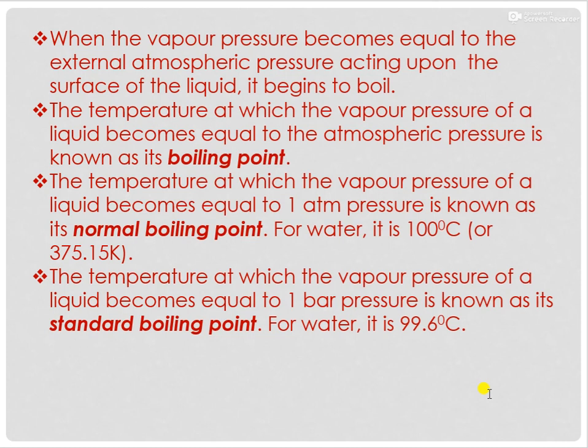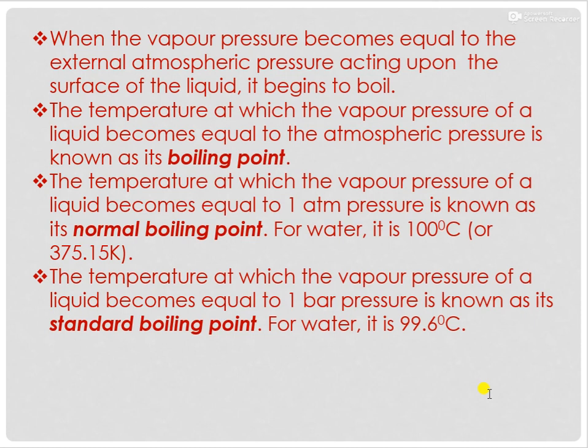So the first term is boiling point: the temperature at which the vapor pressure of a liquid becomes equal to the atmospheric pressure is known as its boiling point. The normal boiling point is the temperature at which the vapor pressure of a liquid becomes equal to 1 atm pressure.